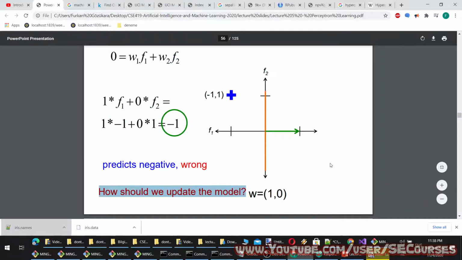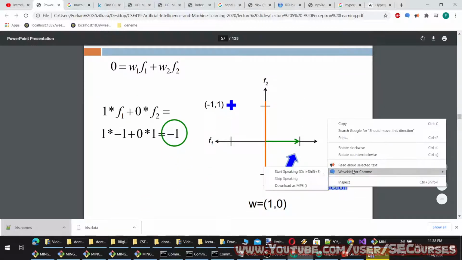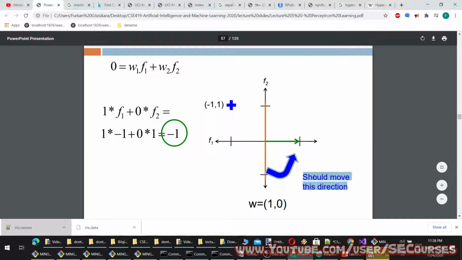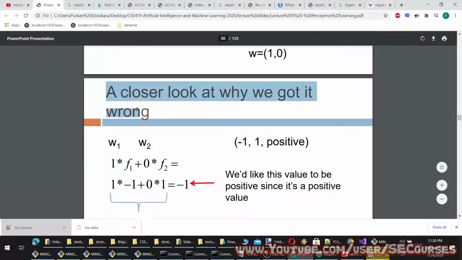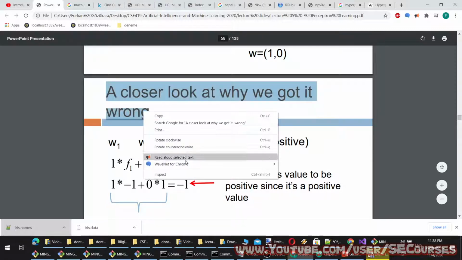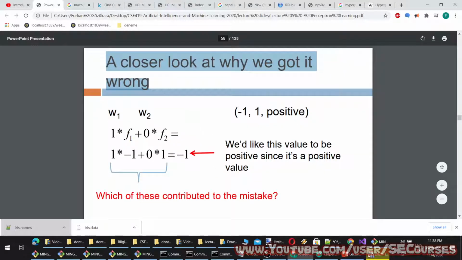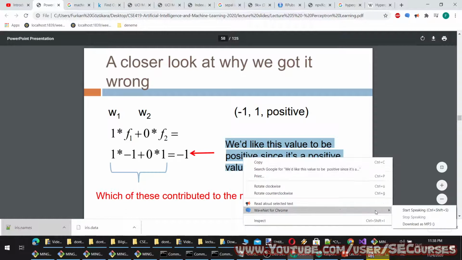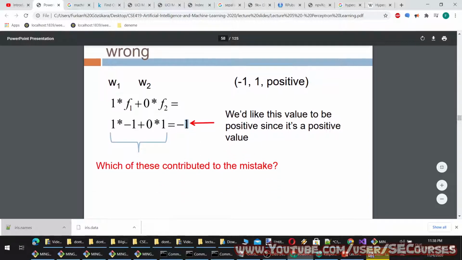How should we update the model? We should move in this direction. A closer look at why we got it wrong. We'd like this value to be positive since it's a positive example, so this equation should result in positive.